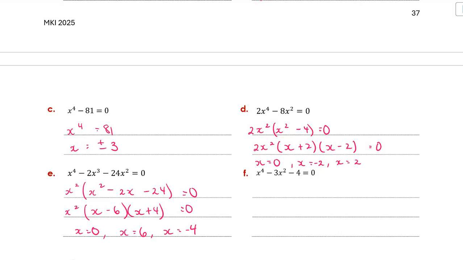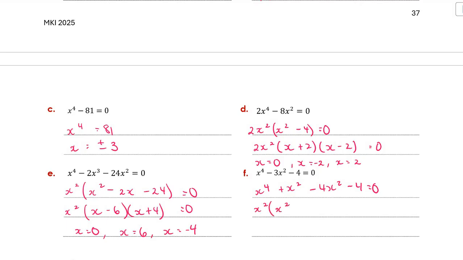Okay? Now for this last one here, you can factorise by grouping, which we have done before. So in this case, I'd have x to the power of 4 plus x squared, and then we're going to subtract 4x squared and 4. So you can pretend it's a quadratic to begin with and then factorise using that fact.